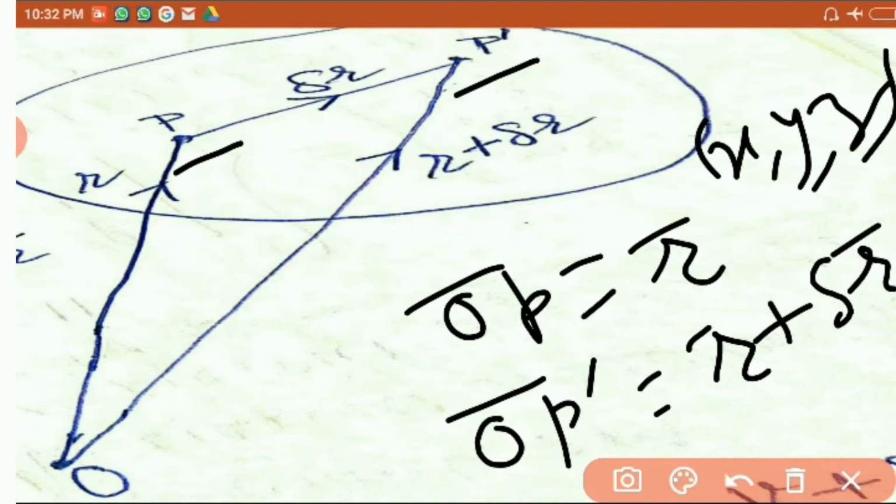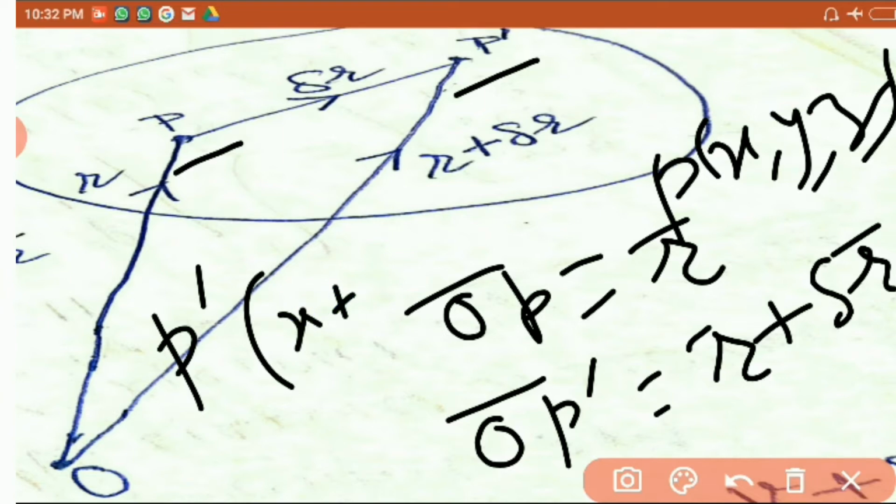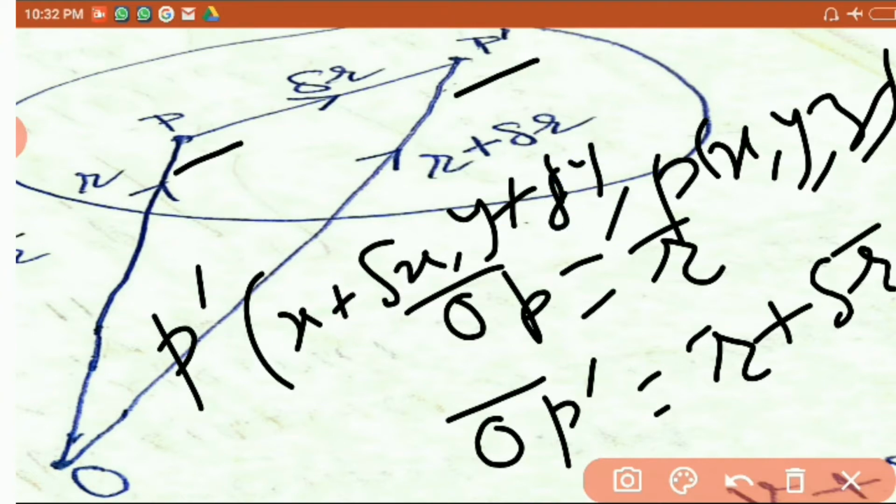P has the coordinates x, y, z, and P dash has the coordinates x plus delta x, y plus delta y, z plus delta z respectively.